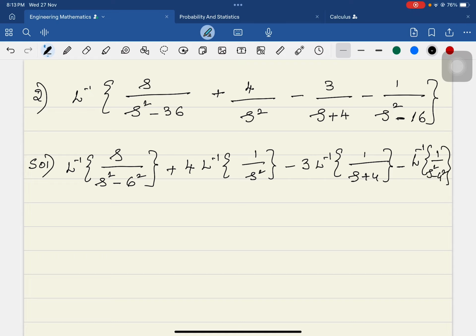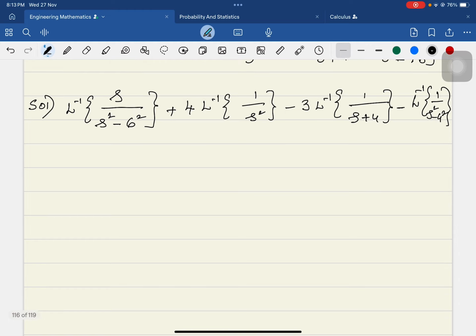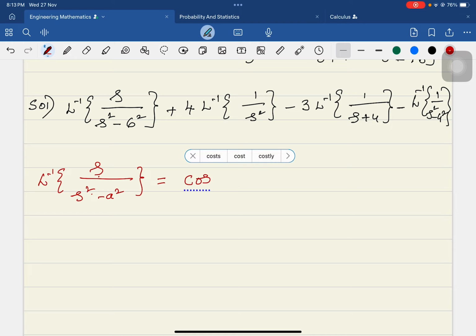Done? So let us now see what is S by S square minus A square. What is the formula we have? L inverse of S over S square minus A square. This formula should come into your brain. Now when the numerator is S and the denominator is S square, immediately you have to think about cosine. But there is minus, so it is cosine hyperbolic AT.